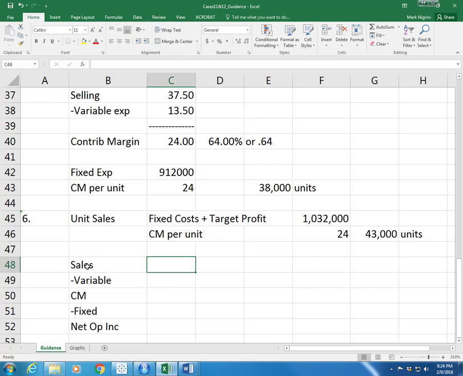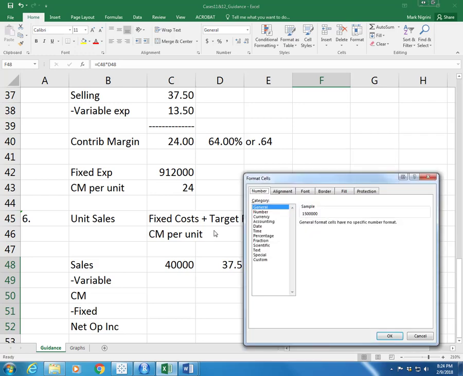Well, my sales are going to be 40,000 times selling price staying at 37.5. So my sales will be 1.5 million, and I think we can do a format cells again here.